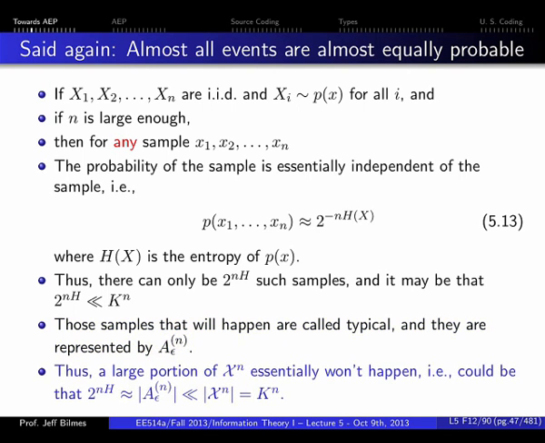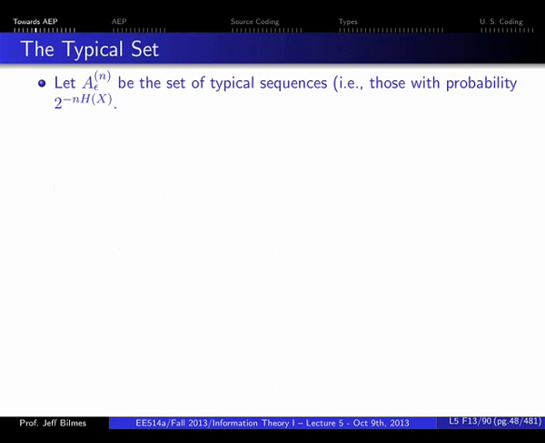So what this means is that a large portion of our domain essentially won't happen. It could be that 2 to the nH, which is going to be the size of our typical set, is in fact quite a bit smaller than all the possible source letters that could occur. This could be significantly smaller, and in such a case, this actually sounds really good.